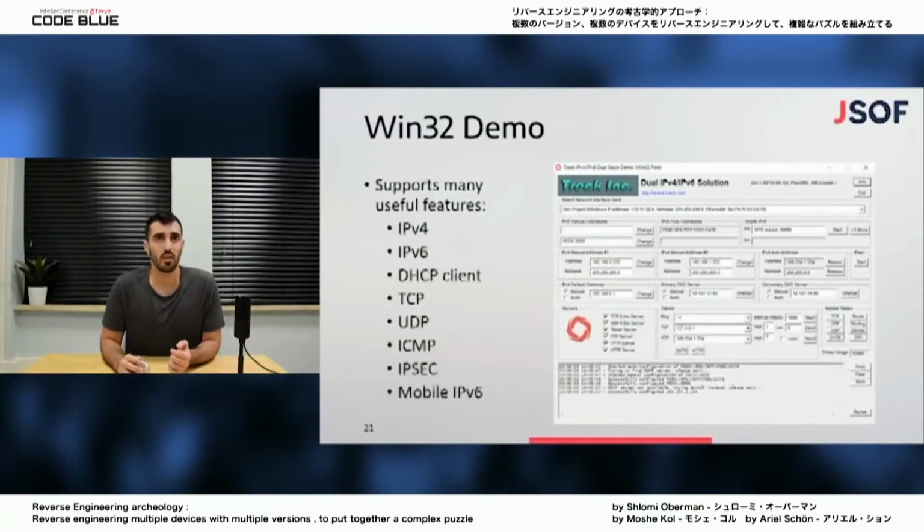You can see in this demo, Trek offers some interesting features that we wanted to look at, such as IPv4, IPv6, DHCP client, TCP, UDP, ICMP, etc. So this was good from our perspective because this is just a Win32 binary, and we can reverse engineer it and debug it.